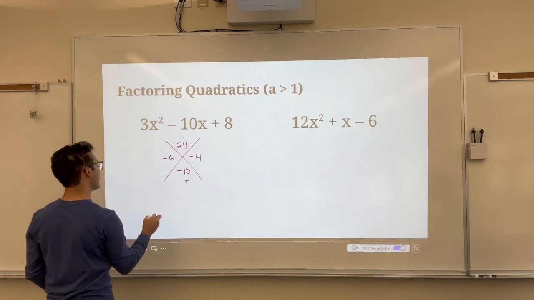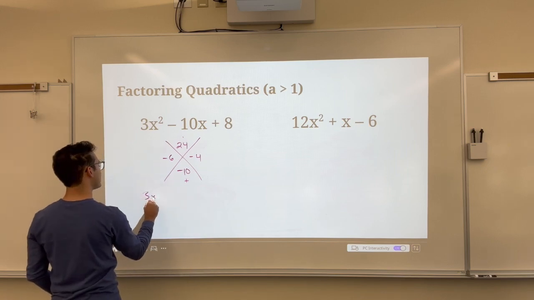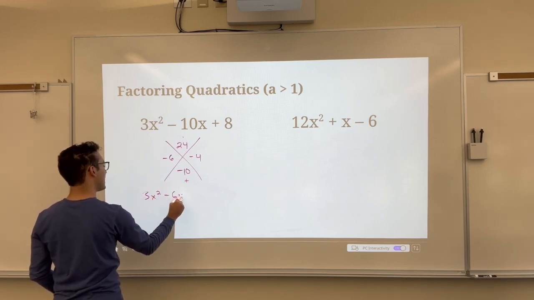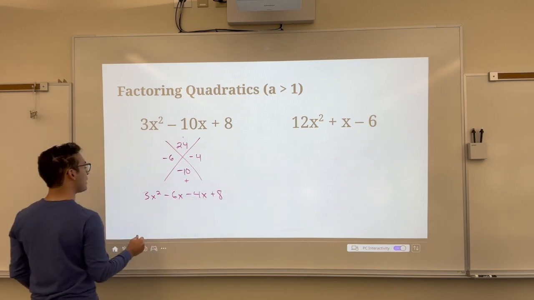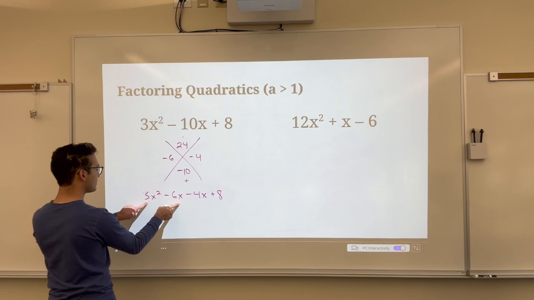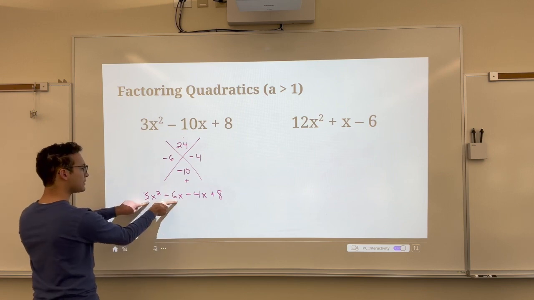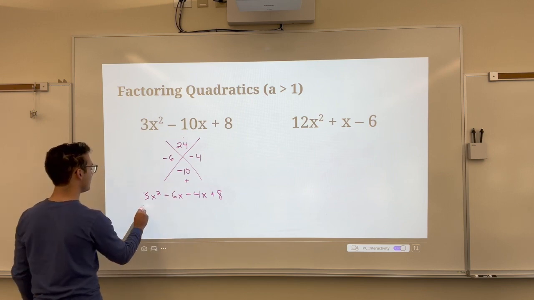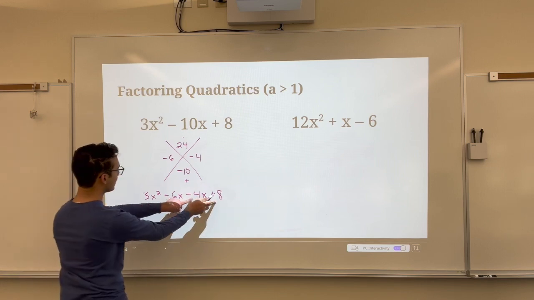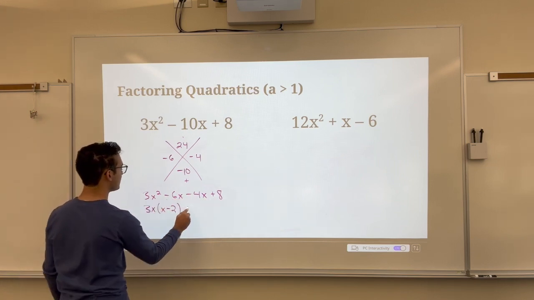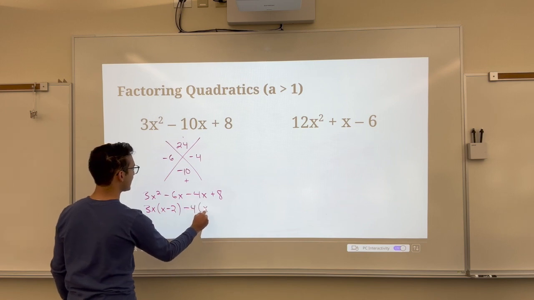So now we factor by grouping, so it's 3x squared minus 6x minus 4x plus 8. Then we can pull out a common factor from the first 2 terms, and that common factor is going to be 3x. So here it's going to be 3x times x minus 2. And then over here, the common factor is negative 4, so it would be minus 4 times x minus 2.